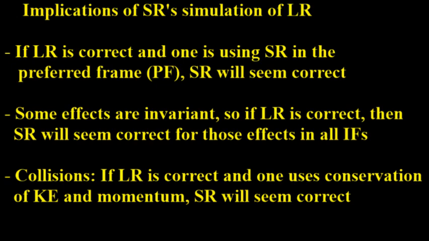But if the observer is using special relativity and he's in the absolute frame, the preferred frame, then he might think he's using relative velocity, but he'd be actually using absolute velocity. So again, in that case, if Lorentz relativity is correct, special relativity will seem to be correct.